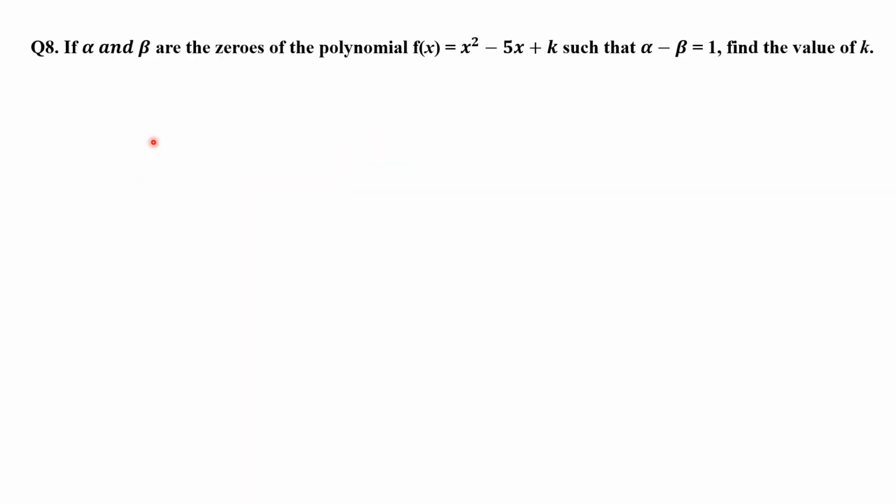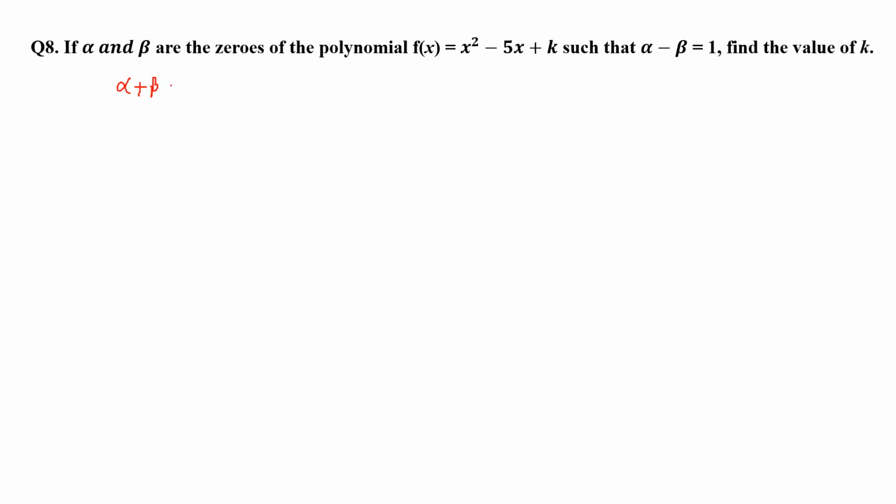Question number 8. If alpha and beta are the zeros of the polynomial f(x) equal to x square minus 5x plus k such that alpha minus beta equals 1, find the value of k. The polynomial is given and it is also given that alpha and beta are its zeros. So first let's find the sum and the product of the zeros.